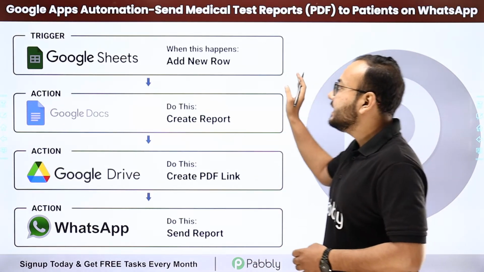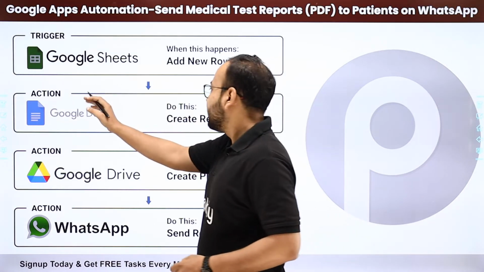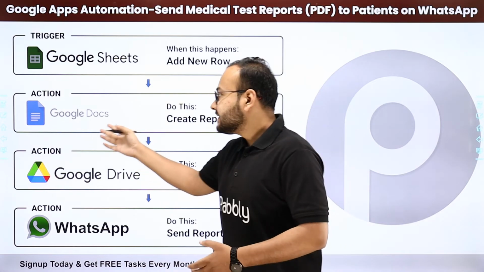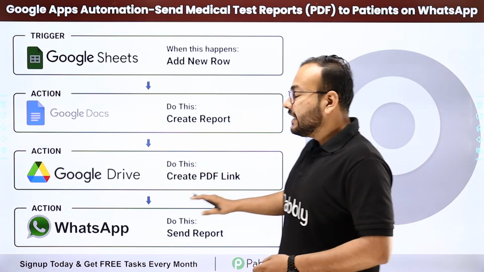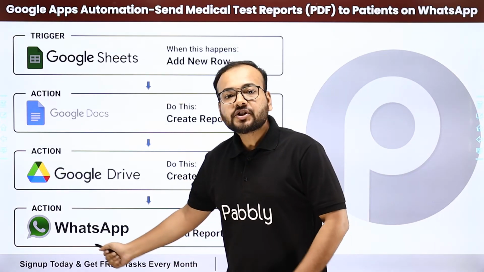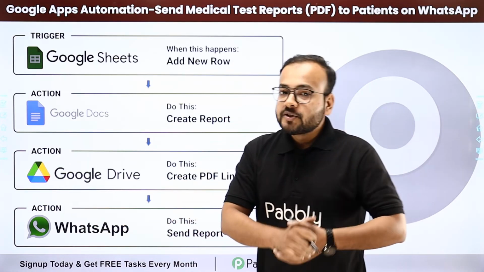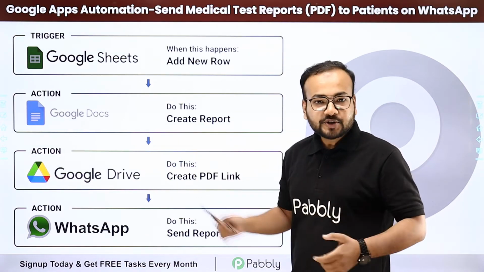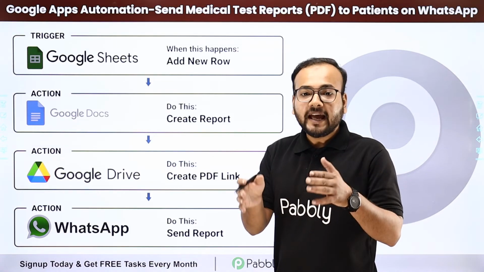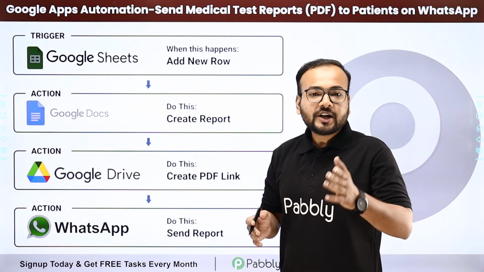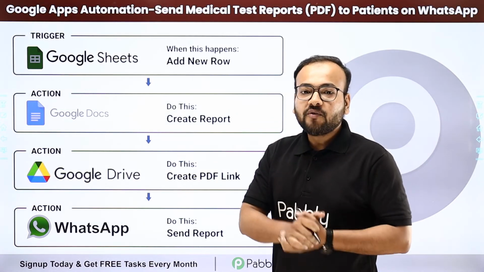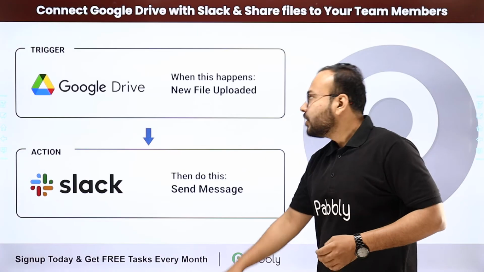You just have to add the details of the patients in Google Sheets, and a report will be automatically created using Google Docs, the same report will be saved as a PDF in Google Drive, and it will be delivered to your patient on WhatsApp automatically. So you don't have to manually create reports one by one, you don't have to manually save the reports, and you don't have to manually type the messages and attach the reports to send to your patients. So it will save a huge amount of your time and make your work easier. Let's see the next automation.